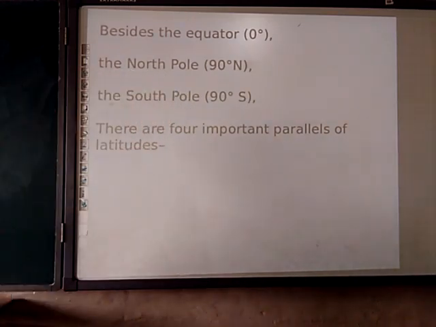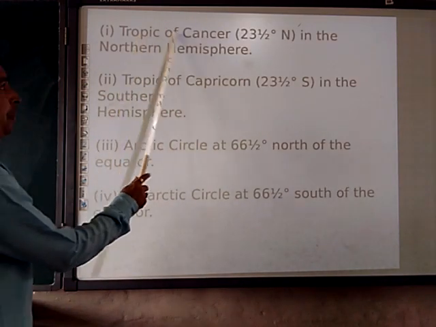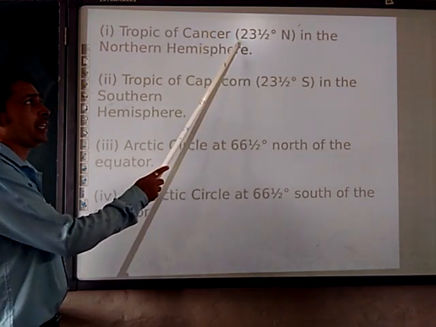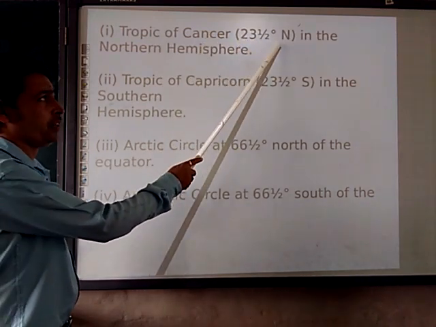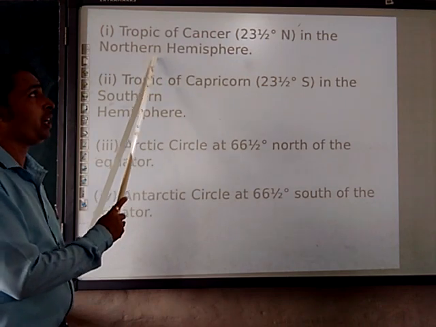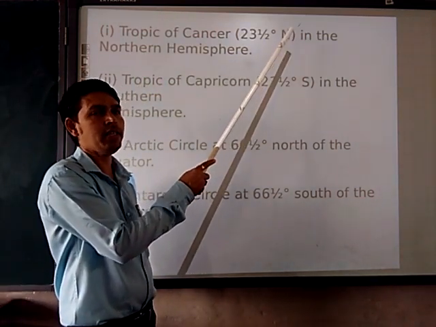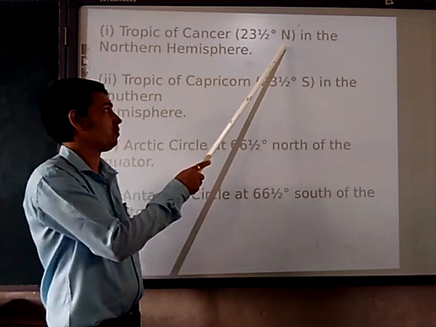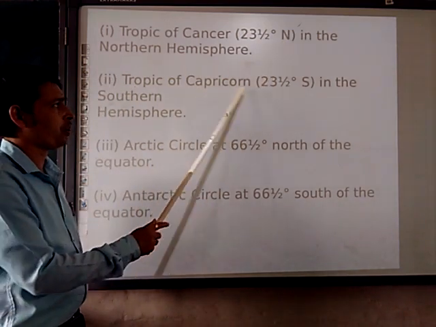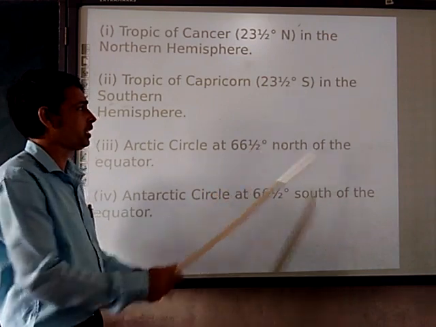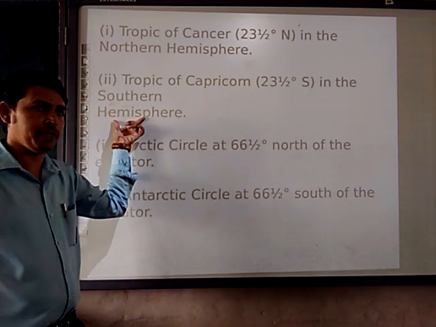First, the Tropic of Cancer, which is at 23.5 degrees north in the northern hemisphere, because N denotes the north direction. Then the Tropic of Capricorn, 23.5 degrees south, that means in the southern hemisphere.